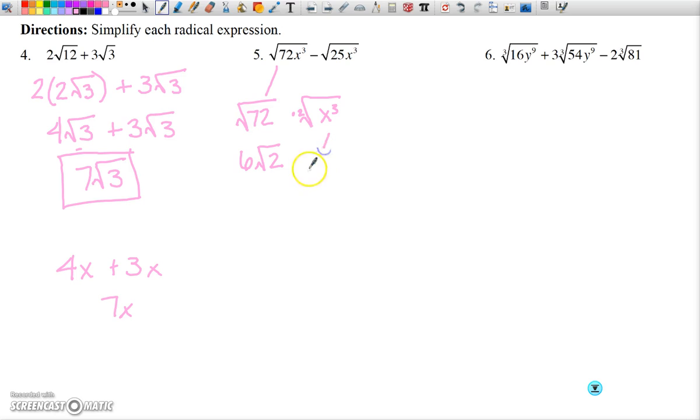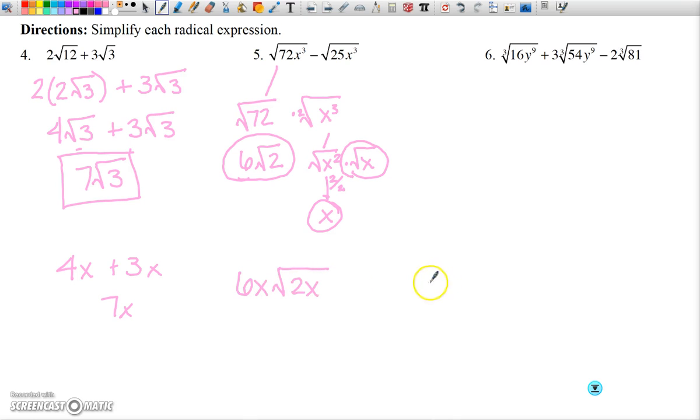So what we're going to do is split it into x squared times the square root of x. So we take our exponent of 2 and divide it by our index of 2, which leaves us with x. So x comes out, and the 6 is out already. Square root of 2, we have the square root of x. So this whole first expression is now 6x times the square root of 2x.